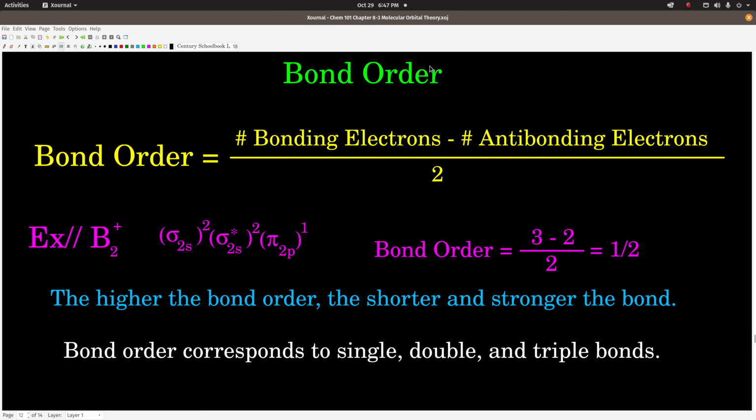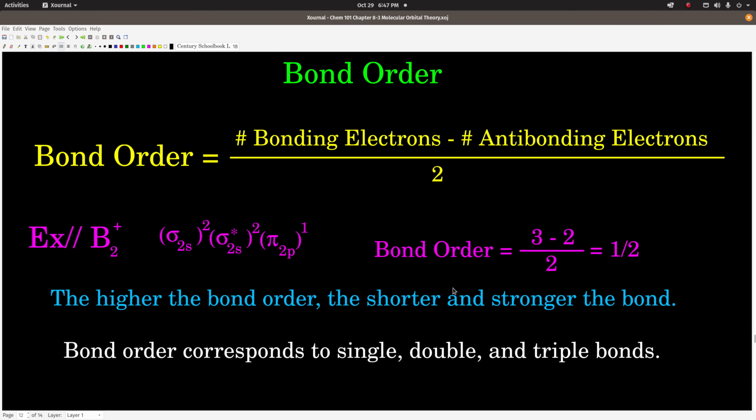So bonding minus antibonding over 2 is the bond order. For example, in the boron cation, sigma 2s2, sigma star 2s2, pi 2p2, there are 2 plus 1 is 3 bonding electrons, and 2, because of the asterisk, antibonding electrons. So the bond order is 3 minus 2 over 2, which is 1/2.